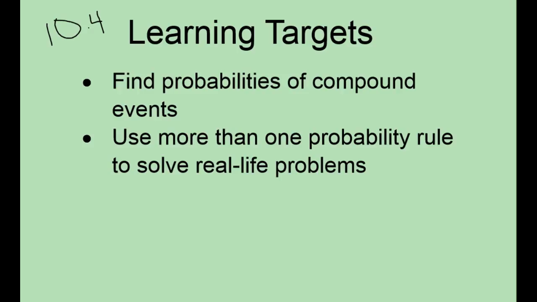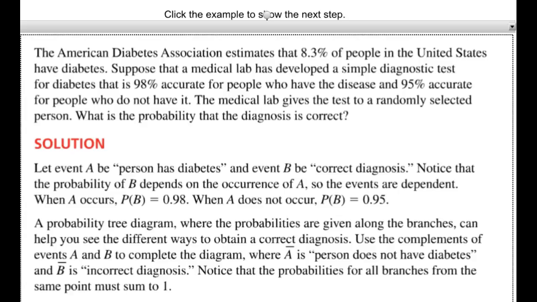Now let's look back at our learning targets. Our first learning target was to find probabilities of compound events, right? And that's what we did with this whole section. Do they overlap? Do they not overlap? What do we know about those things? Then we used several probability rules to solve real-life problems. We also looked at, for the first time, a probability tree diagram, which we haven't really seen before.